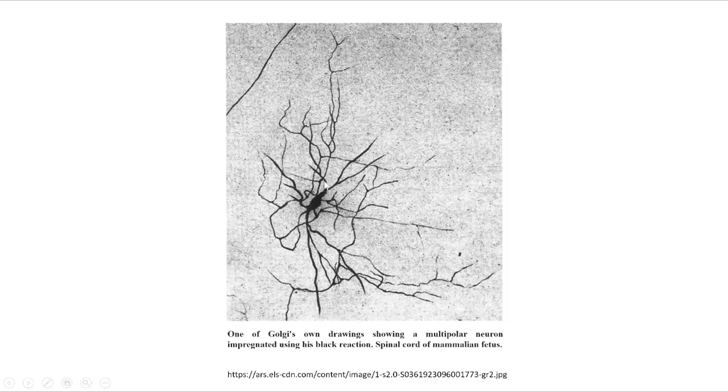This is the cell body, and these are all the different processes that are coming out of the multipolar neuron. So he has used his black reaction to impregnate the tissue, and this is his observation of a multipolar neuron from the spinal cord of a mammalian fetus.